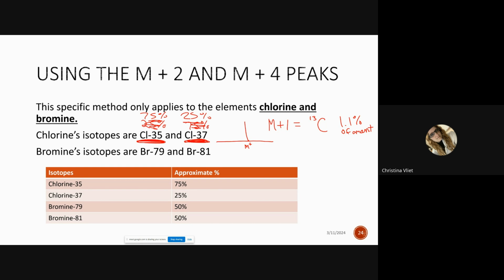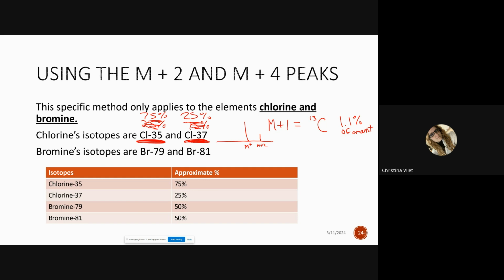First of all, is 25% greater than or less than 75%? Less than. A third of it, right? And the peak height would be 1/3. So the M plus 2 peak would be about 1/3 the height. You would have a peak 2 away from the molar mass, and only when you have chlorine would it be 1/3 the size.